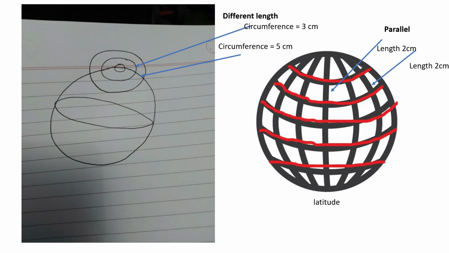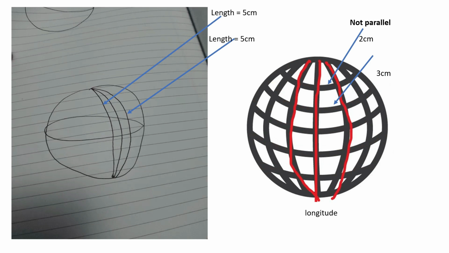That is the definition of parallel. Latitude is parallel because the distance between one latitude and another is the same throughout, whereas longitude is not parallel but has the same length.